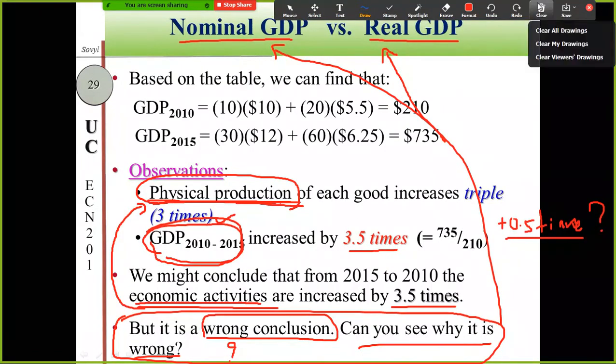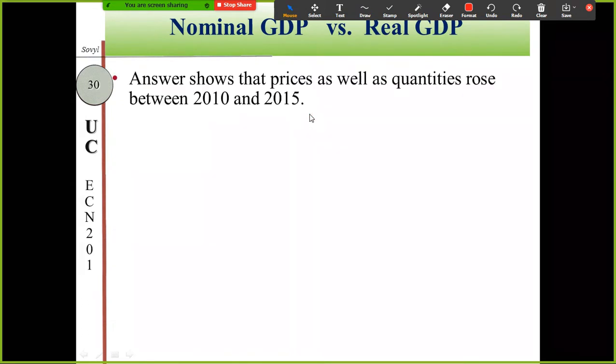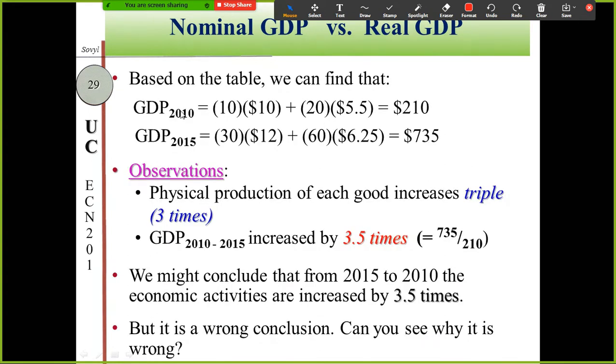The answers show that the prices as well as the quantities rose between 2010 and 2015. So when we compute here, this is the quantity, this is the price of pizza.